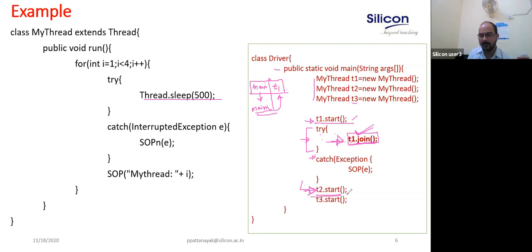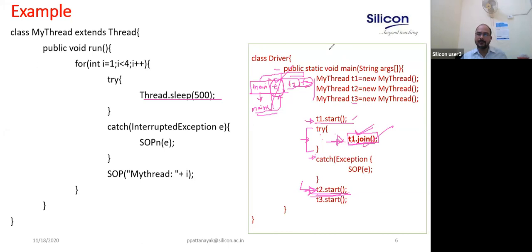That means the main thread creates another thread, T2. Meantime T1 has completed its task. Then T3. So at this point three threads are running, T1, T2, T3. But ideally what we did is, we gave T1 the first chance and it completed. I hope you understand the join method now.